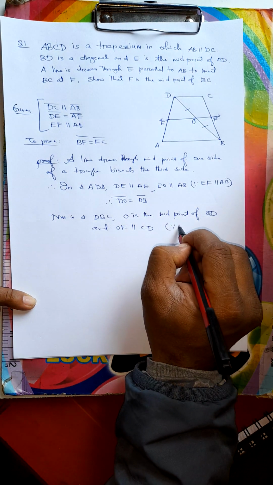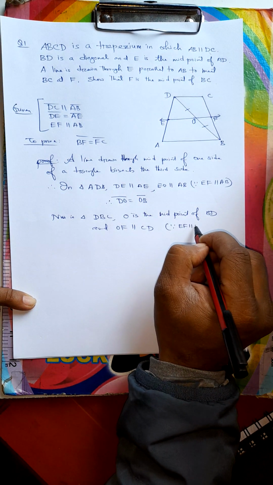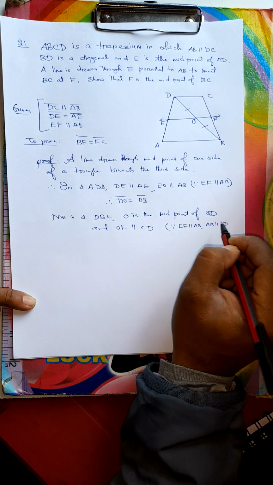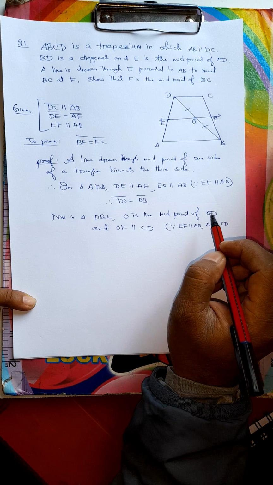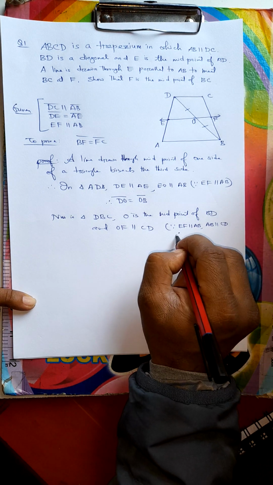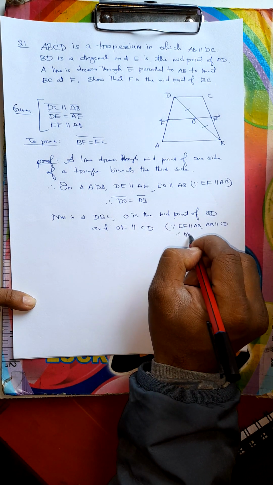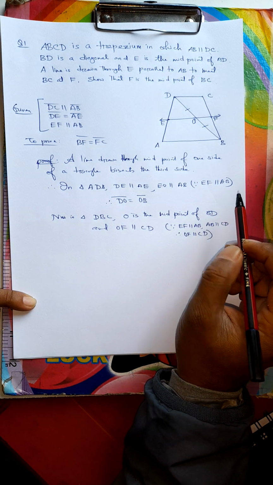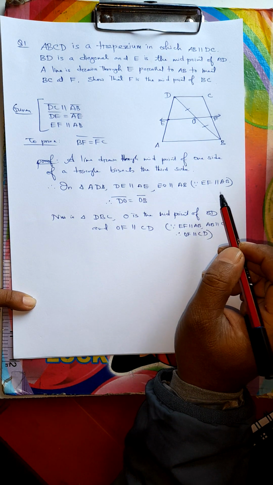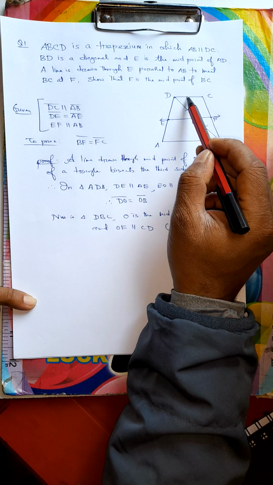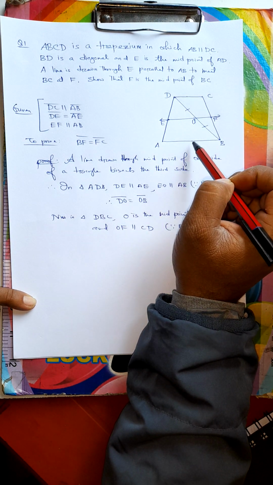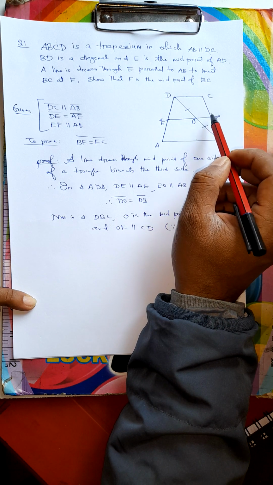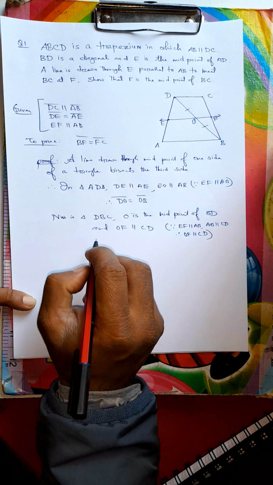Since EF parallel to AB, AB parallel to CD, ABCD is a trapezium, AB parallel to CD, therefore OF parallel to CD. Right? Two lines parallel to the same line are parallel to each other. CD is parallel to AB and AB is parallel to OF, therefore OF is parallel to CD.